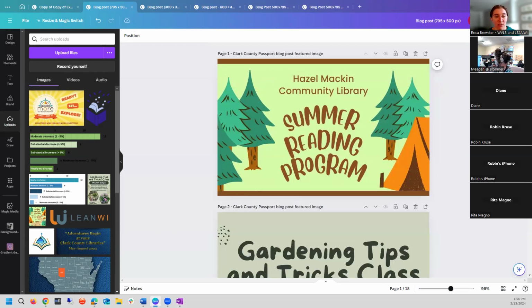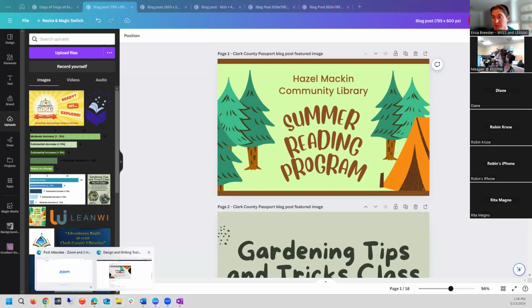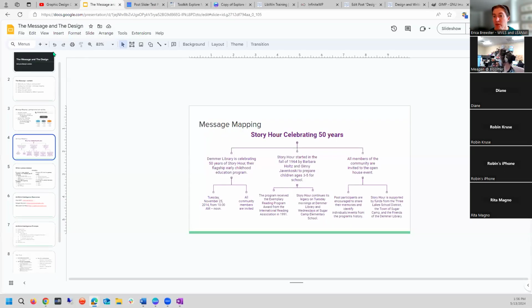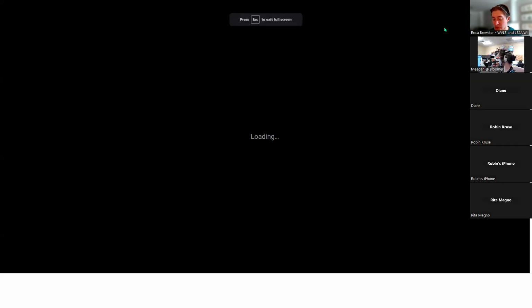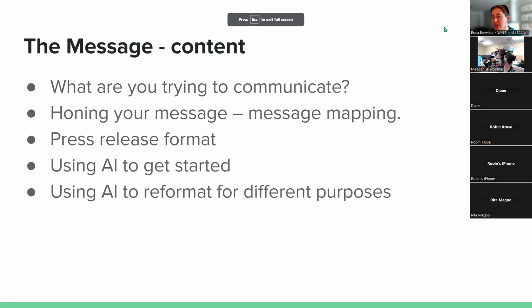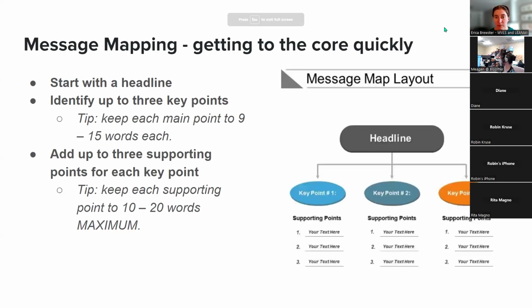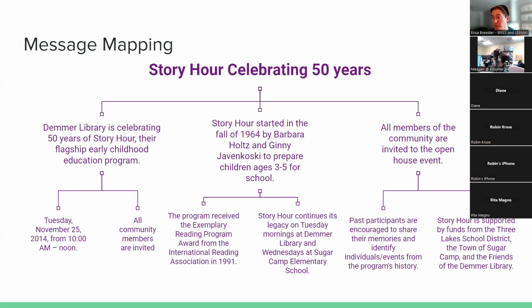Okay. So again, high level, high view, different pieces. To review today, we talked about having your message map with your headline, your key 3 points with up to 3 points underneath those.